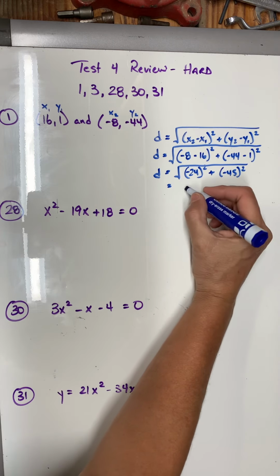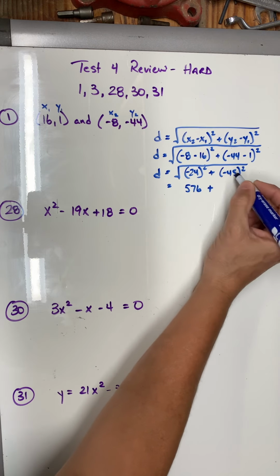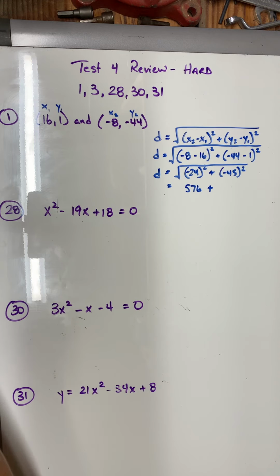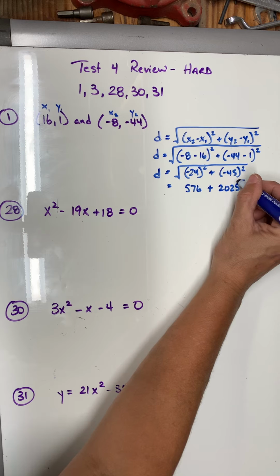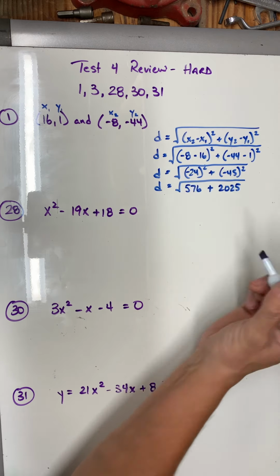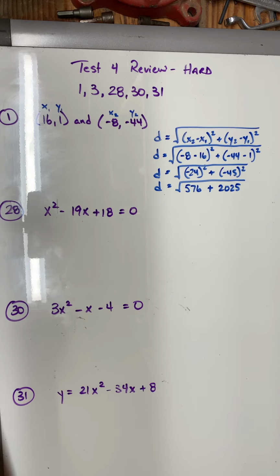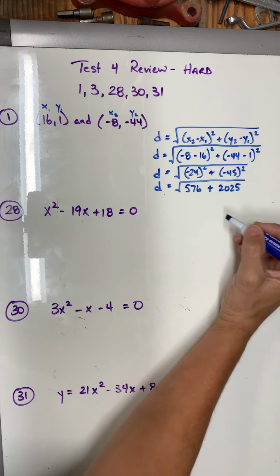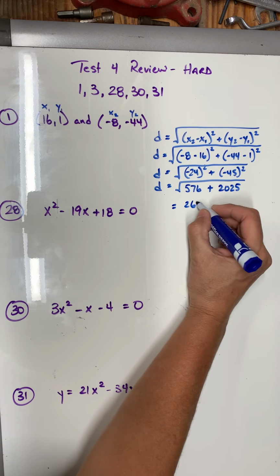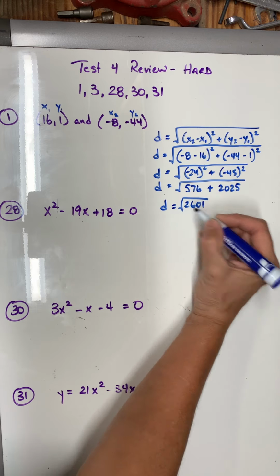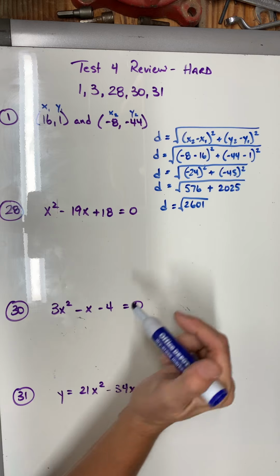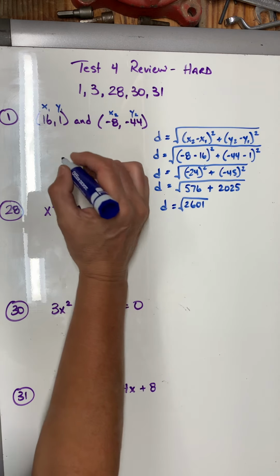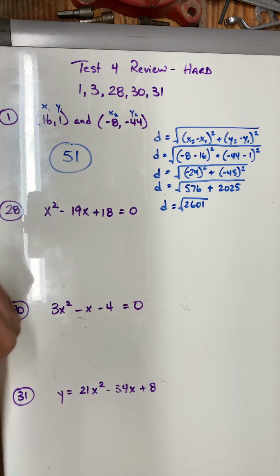So the answer here is 576, and the answer here is 2025, and that's all under the square root. 2025 plus 576 will give me 2601. If I take the square root of that, I get 51. So my answer is 51. That's the distance between those points.